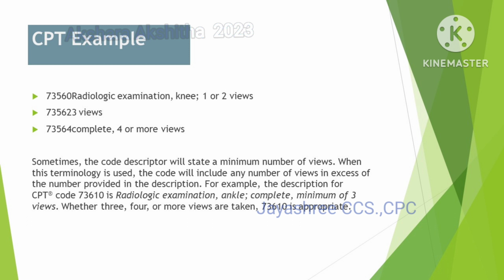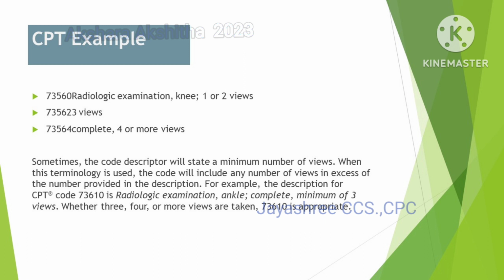If the CPT description itself mentions a minimum of some number of views, we can consider from 3 views to n number of views, either 3 or 4 or more. So if such a description is there, we only look for the minimum, and the maximum number we need not count.